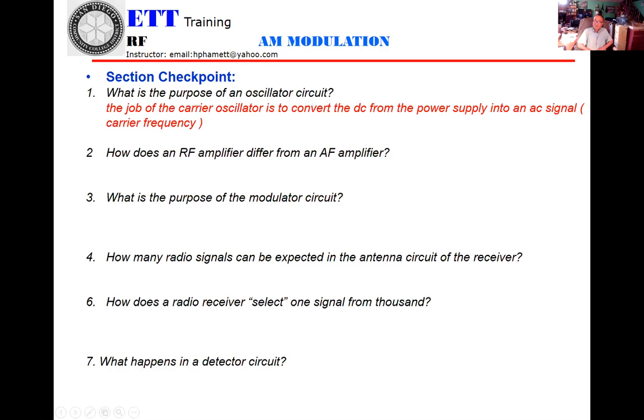The job of the carrier oscillator is to convert the DC from the power supply into an AC signal at the carrier frequency. That's a definition. Next meeting I ask you, you should be able to answer me, okay? Have to study.